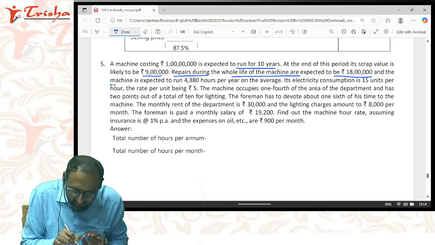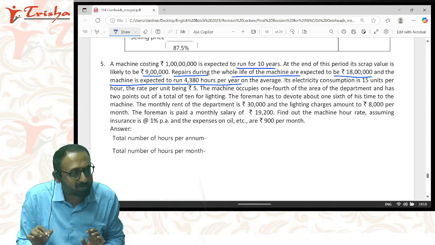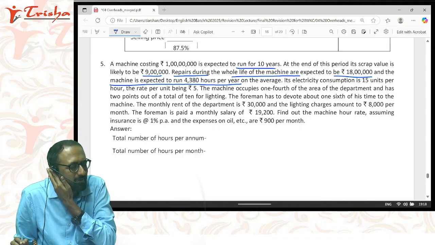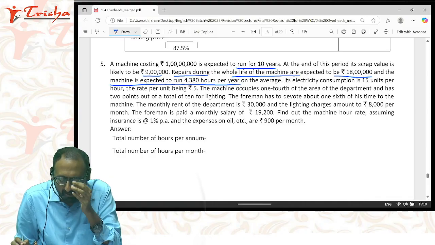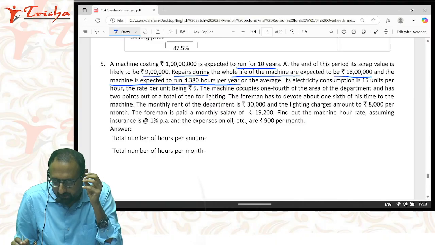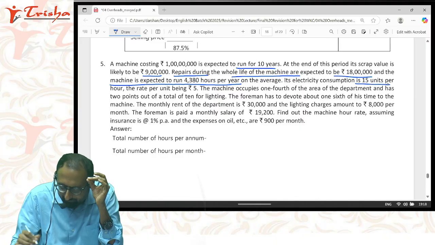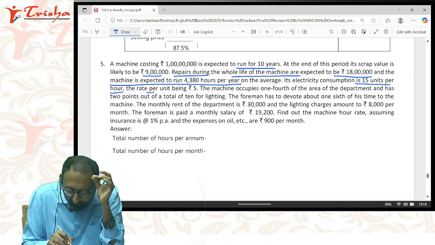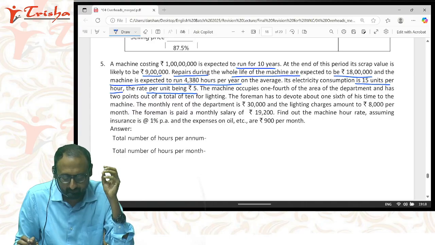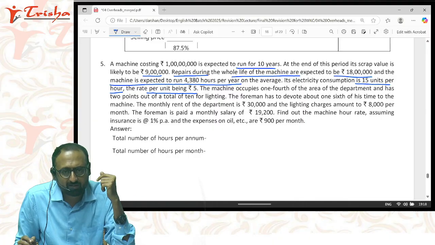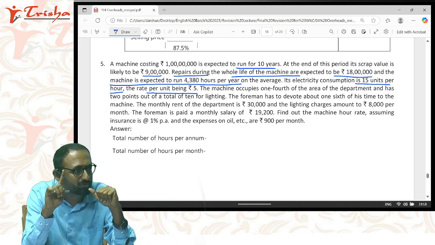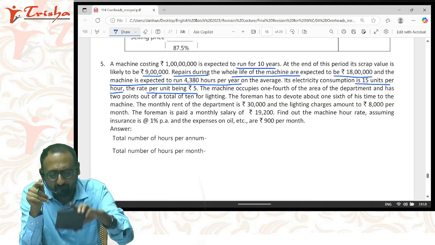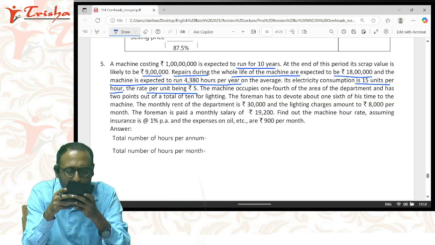Next one. The machine is expected to run for 4380 hours per year. There is no adjustment of setup and no adjustment of maintenance given. You are going to work for 4380 hours on an average. Electricity consumption is 15 units per hour. Rate of electricity is 5 rupees per unit. Calculate electricity expenses. Per hour, 15 units of electricity is used. You are going to work for 4380 hours.